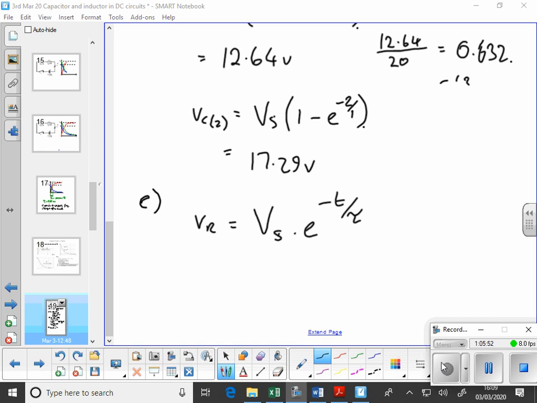Now, we need to rearrange that formula so that we've got t equals something. How can I go about doing that? How do I rearrange that formula so that I get t on its own?